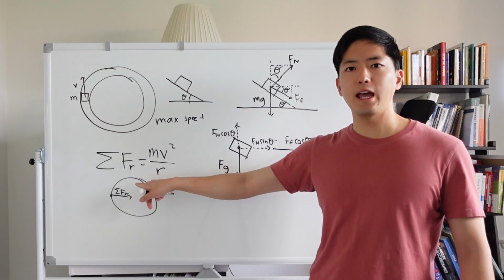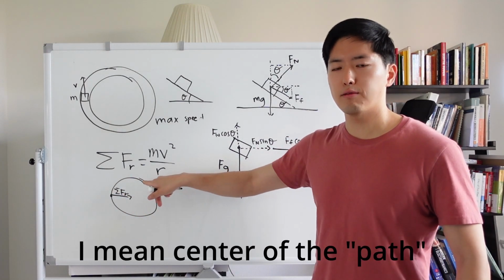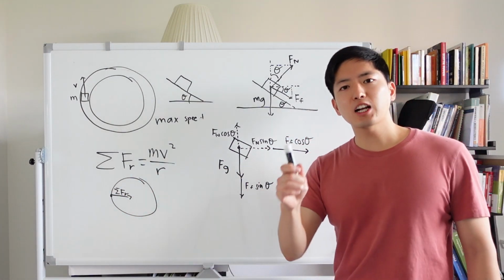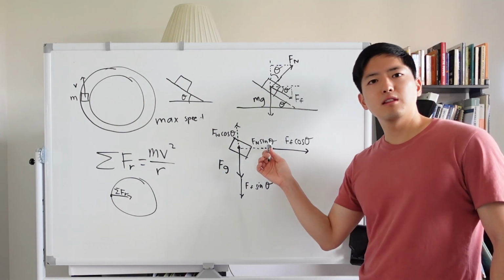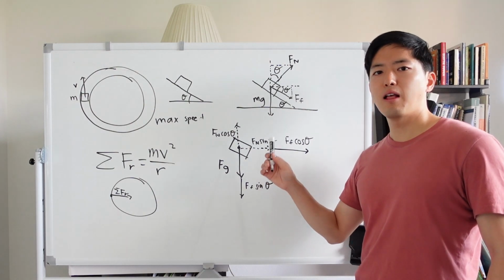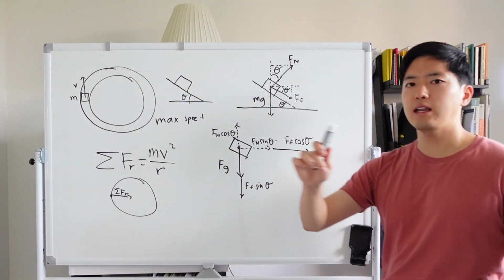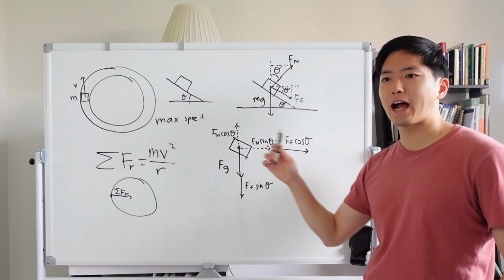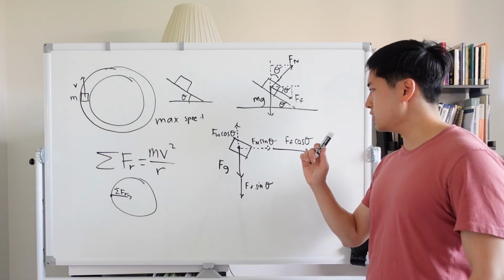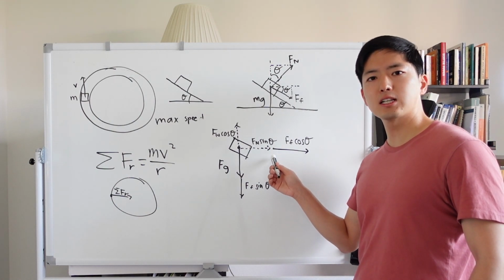In this particular case, the net force on the object pointing towards the center of the track is actually the same as the net force in the x direction that is pushing on this car, keeping it in circular track motion. So we can actually use this to write an equation for maximum speed.